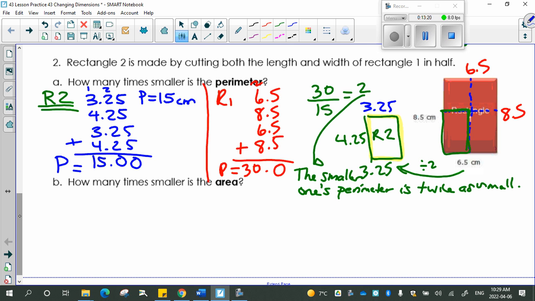So for the area for rectangle 2, the area is, like Kylie already told us this one, length times width. And for the littler rectangle, the length is 3.25 and the width is 4.25.